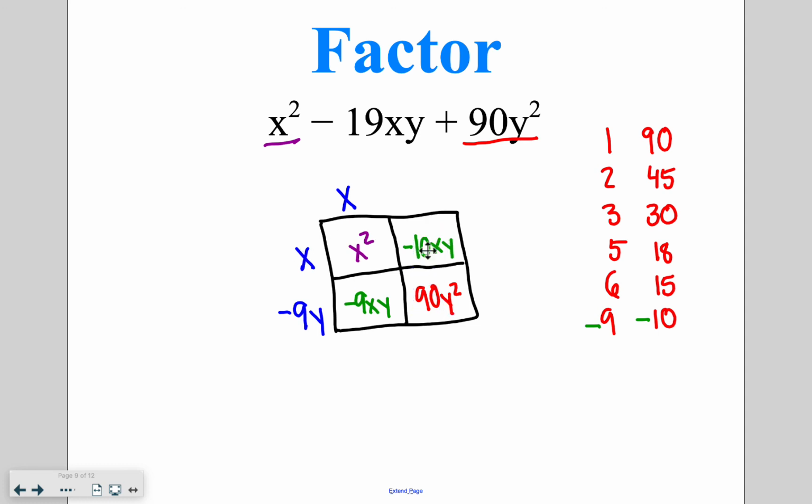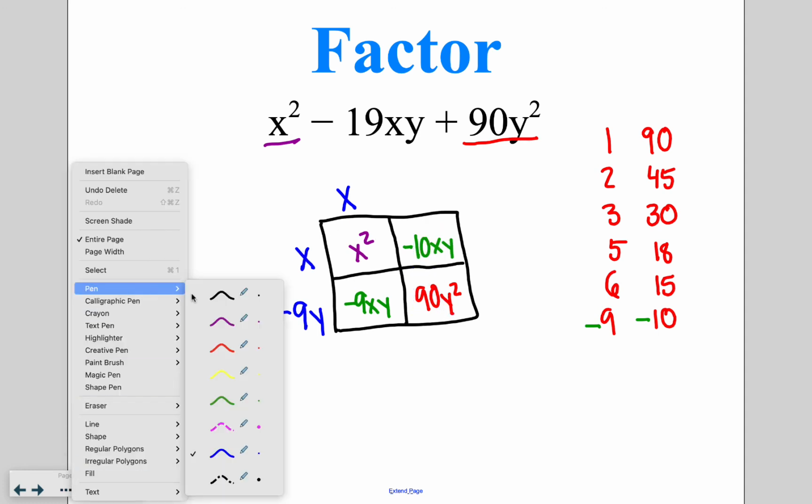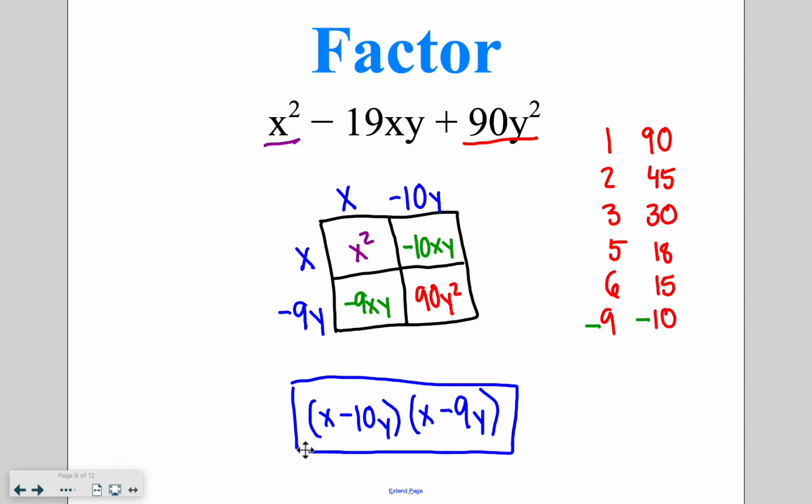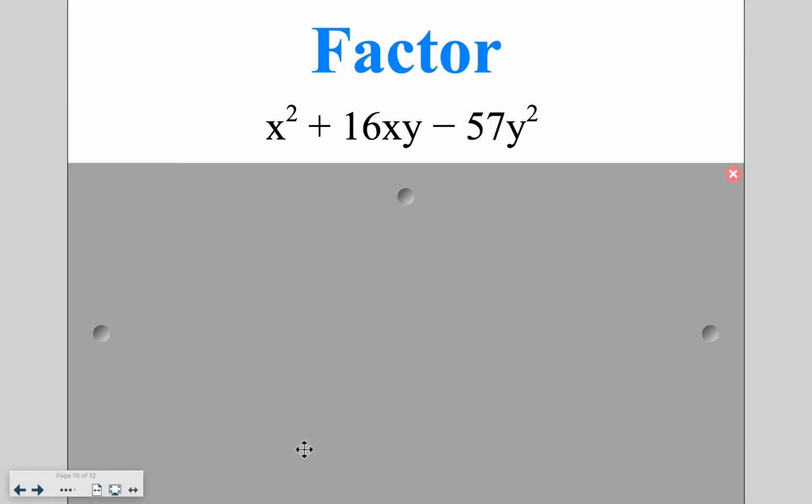To get from negative 9y to negative 90y squared, I need a negative 10, and I need a y. So my two factors here are going to be x minus 10y and x minus 9y. Again, you could have it in either order with the minus 9y or the minus 10y first. Go ahead and try this one on your own.